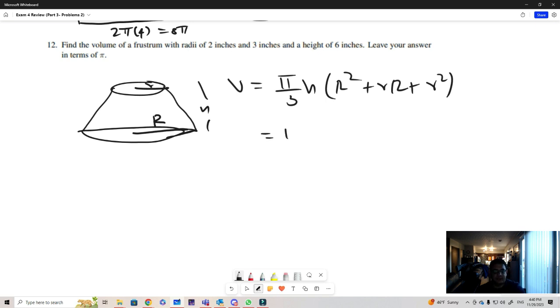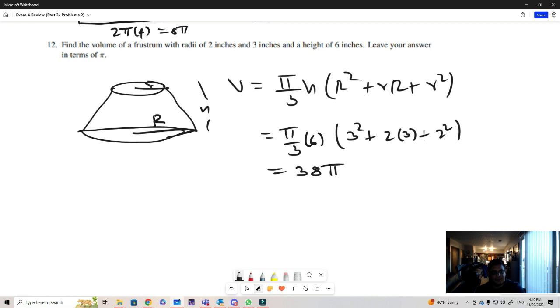So we don't have to do much but plug in the different values. Once we plug that in, we can put this in the calculator, and this is going to give me 38 pi. This is 9 plus 6 plus 4 times 6 divided by 3. So 38 pi, and because this is in inches, it will be cubic inches. All right, so that concludes part 3 of the problems.